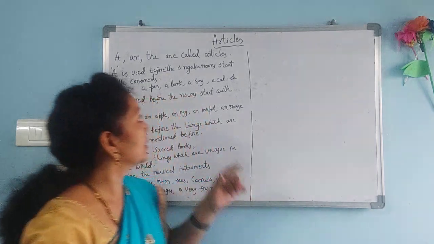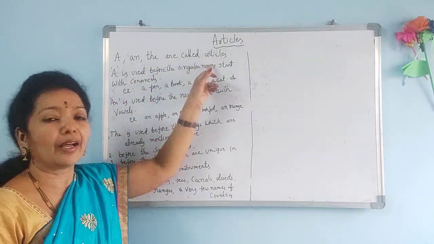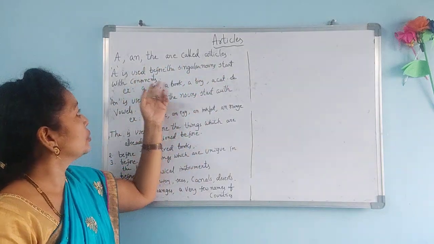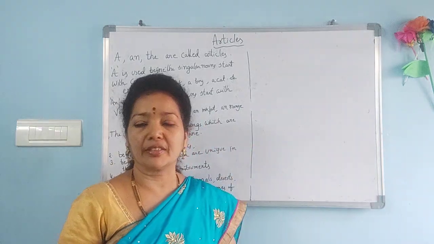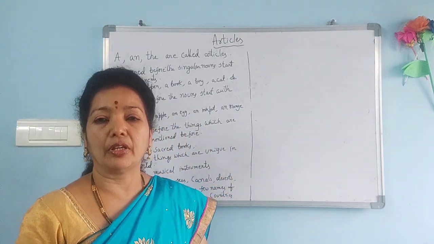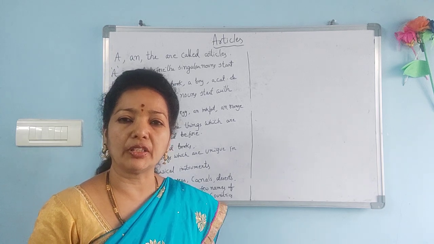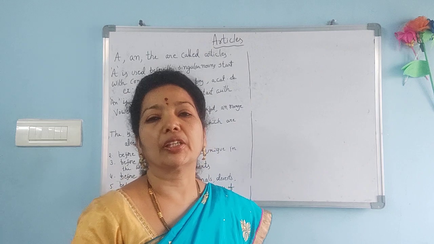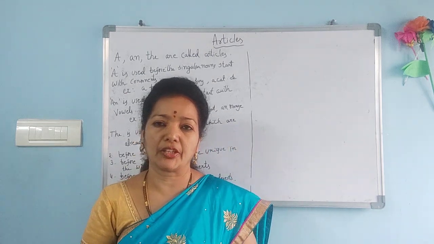So there are 3 types of articles, a, an and the, they are called articles. A is used before the singular nouns that start with consonants. So children, you know there are 26 alphabets in the English language.